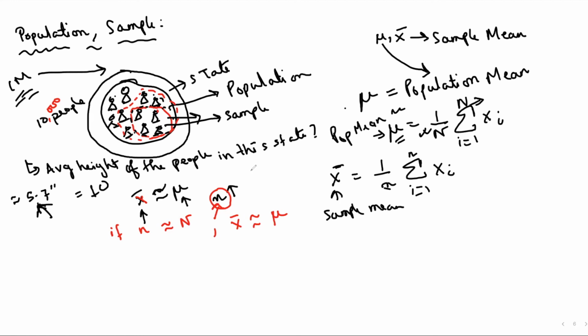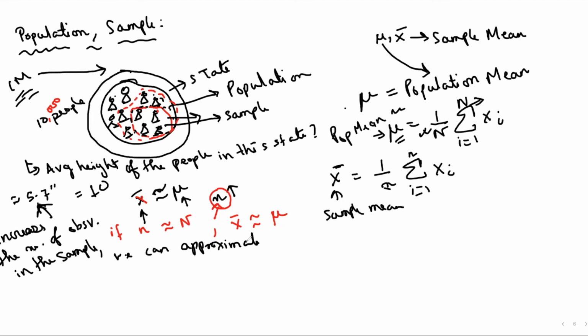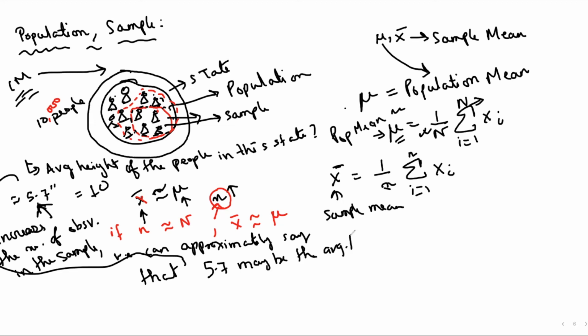If we increase the number of observations in the sample, then we can approximately say that this 5.7 may be the average height of the state.